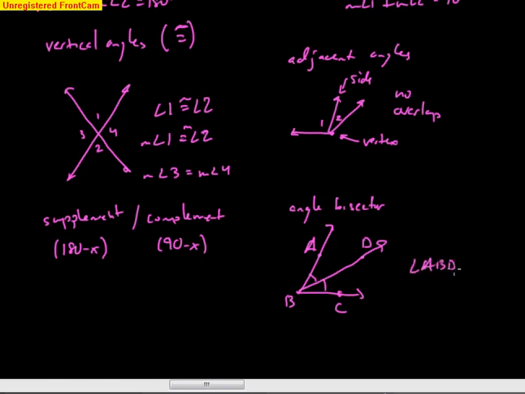Angle ABD is congruent to angle DBC. Which means their measures are equal and you can create an equation. The measure of angle ABD equals the measure of angle DBC. Okay, and that's all from section 1.5.